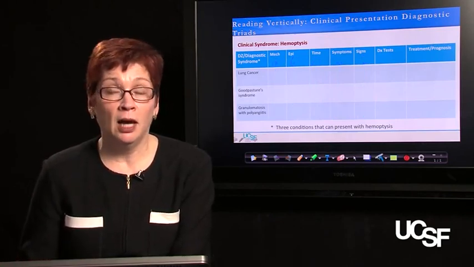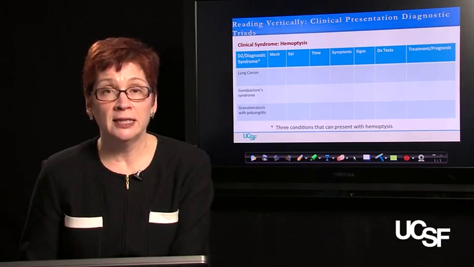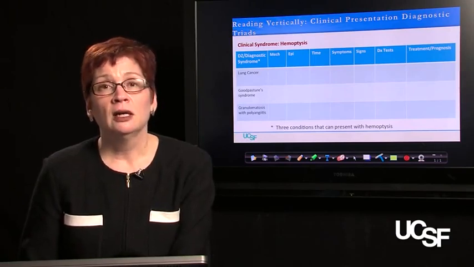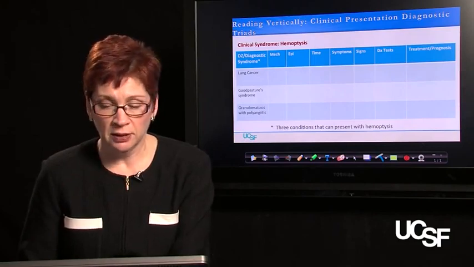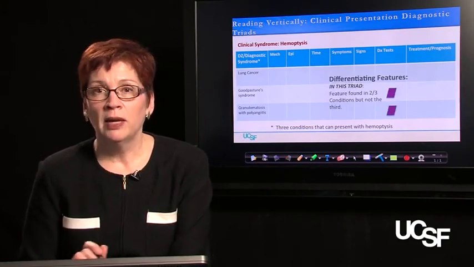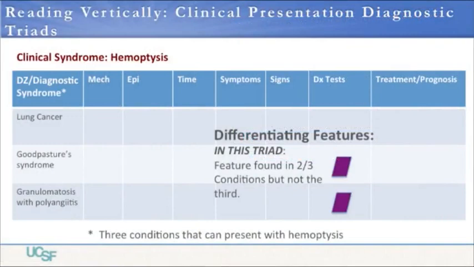Now, it's also going to help to identify the key and differentiating features that should be a core element of these disease illness scripts. Now remember, a differentiating feature is, within a given clinical presentation diagnostic triad, a feature that can be found in 2 out of 3 conditions, but not in the 3rd.